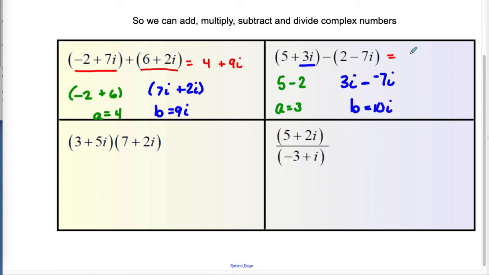And once again, you can always just use the distributive property to make your life easier. Generally that's what I usually do: I distribute the negative, so that's going to become add the opposite, and so then you're just adding.